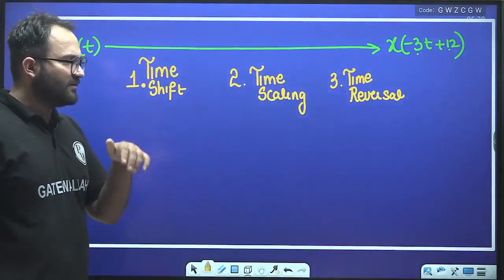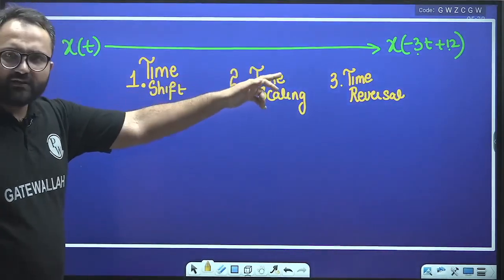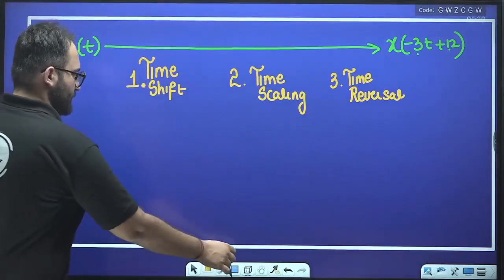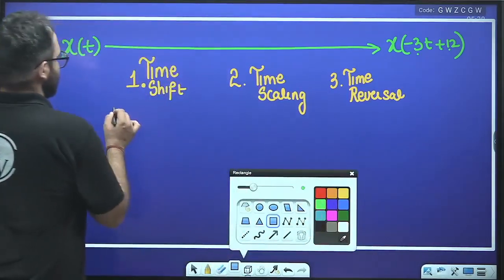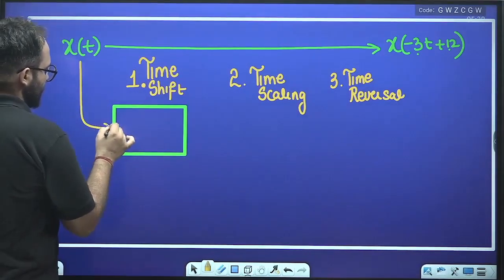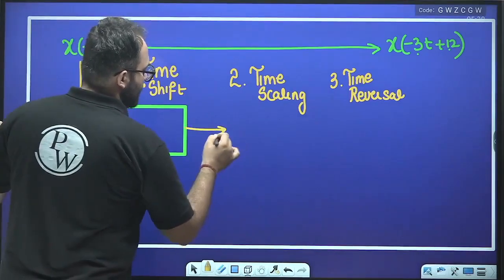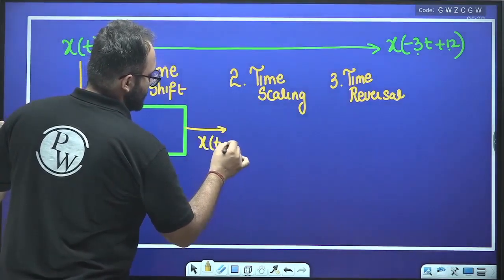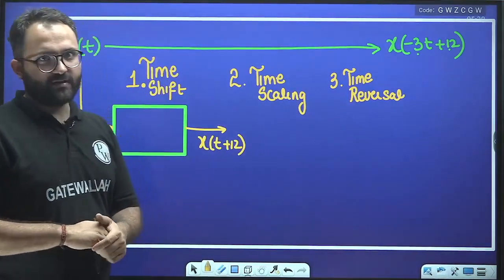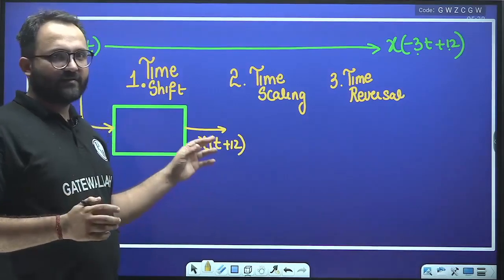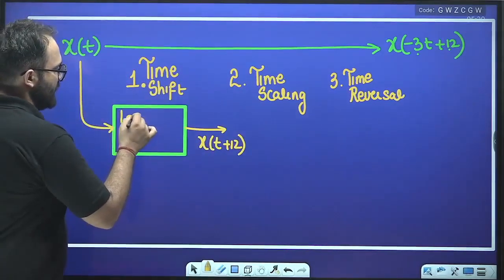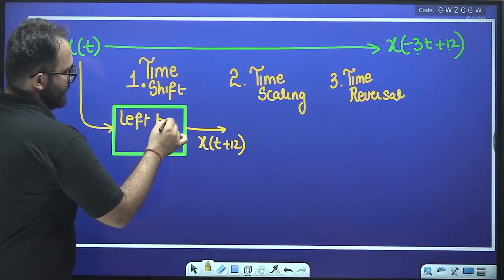Now let's solve it. We can see that we have to shift it by 12, right or left. Suppose this x(t) is given to a box and we get at the output x of t plus 12. It is a left shift, just recall it, we have already studied it. So it is left shift by 12.